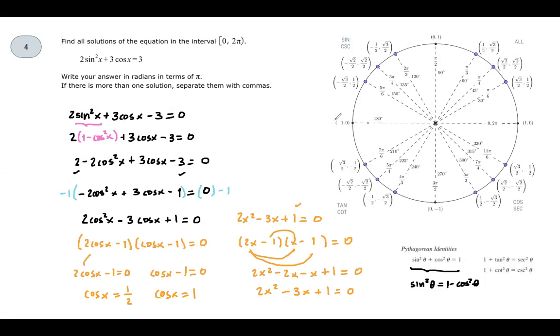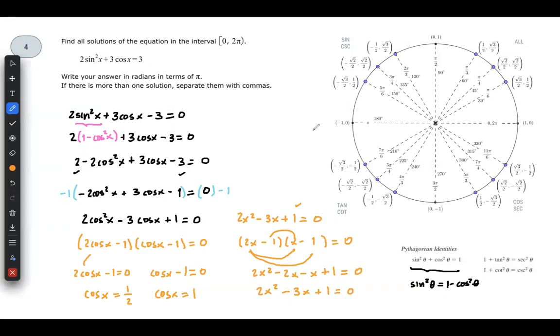So we're going to locate every possible coordinate where the x is 1/2, positive 1/2. So positive 1/2 happens here, and positive 1/2 happens here, with the angles being pi over 3 and 5 pi over 3.